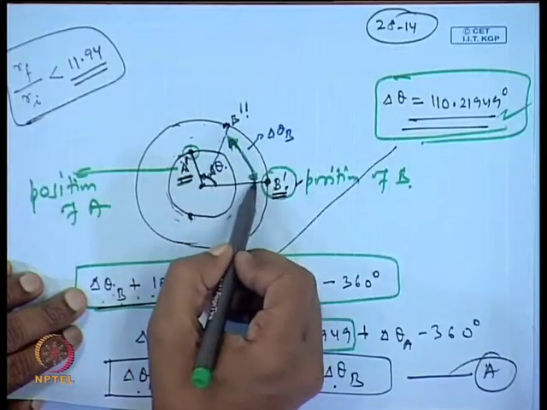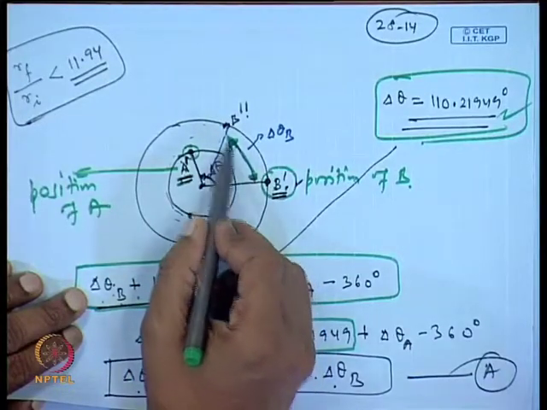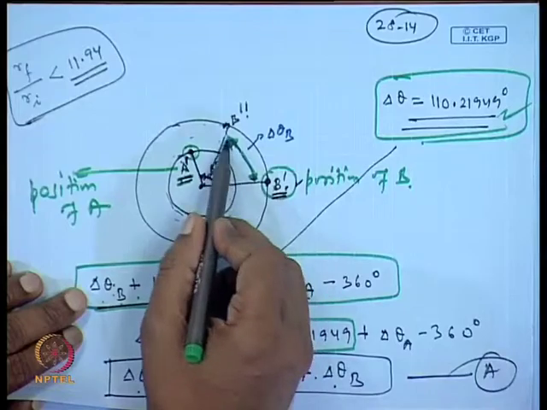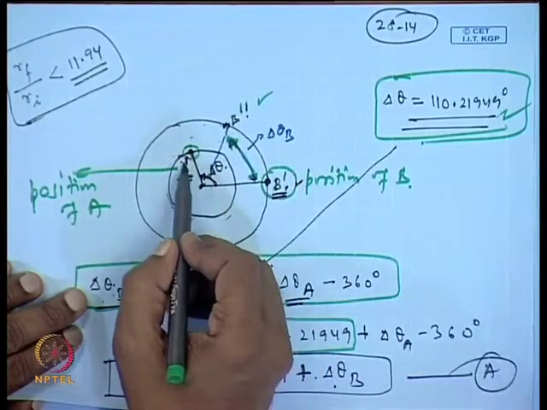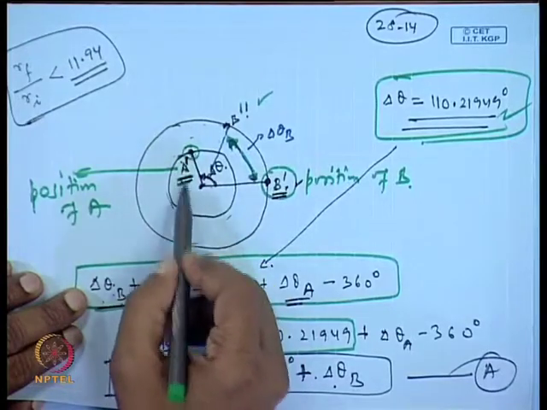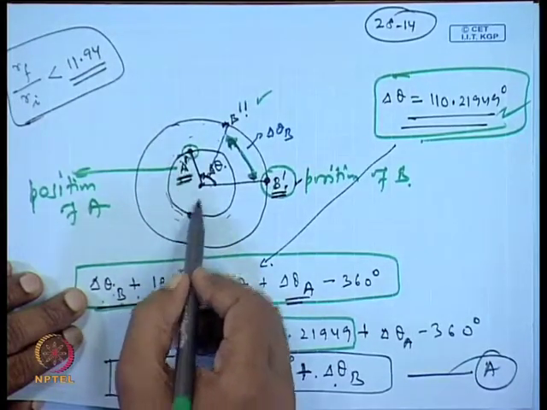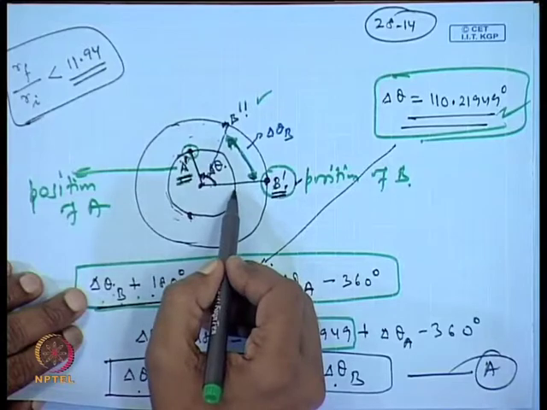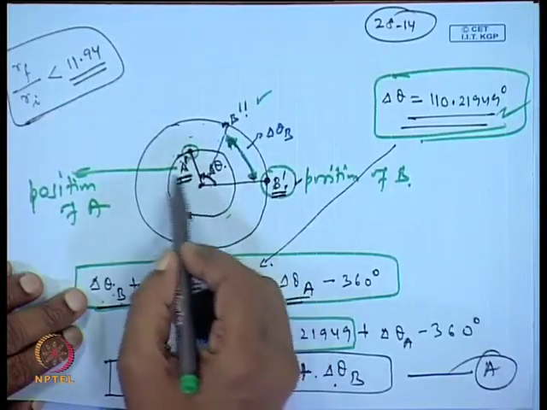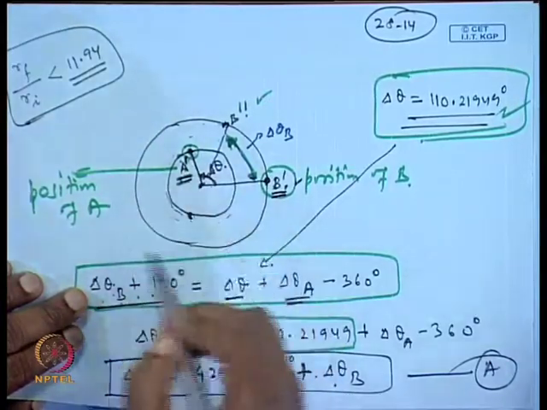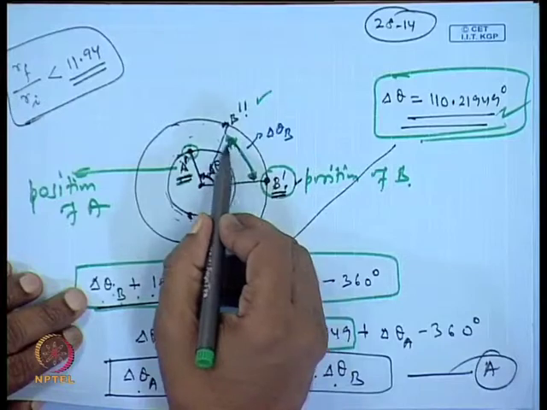Before the launch, asteroid B will move from this place to this place, given by B double prime. In the meanwhile, asteroid A, because it has the higher angular rate, will move from this place to maybe somewhere here, or it may move to some other place depending on the angular rate and the time available.